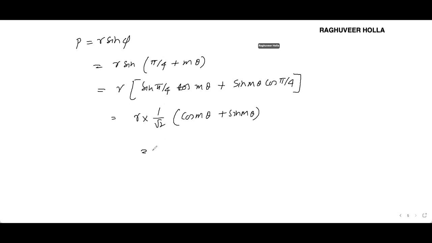Now this is r by root 2 into r to the power of m divided by a to the power of m. Okay, or 1 by root 2 r to the power of m plus 1 by a to the power of m. So this is the required result.